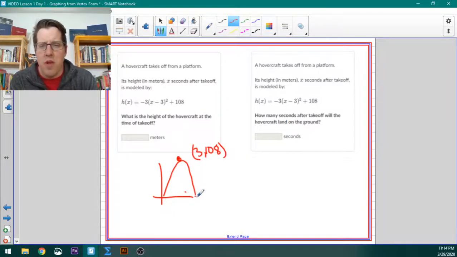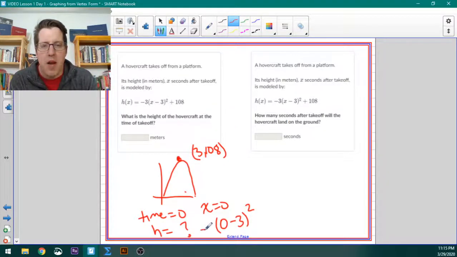So it says, what was the height of the hovercraft at the time of takeoff? So we want to know when the time equals 0, what is h? Well, when the time equals 0, that's x. X equals 0. So just like we did before, we're going to plug in 0 to our equation. So 0 minus 3 is negative 3. Then we square and we get 9.